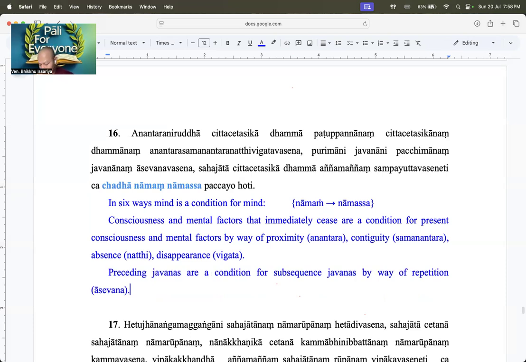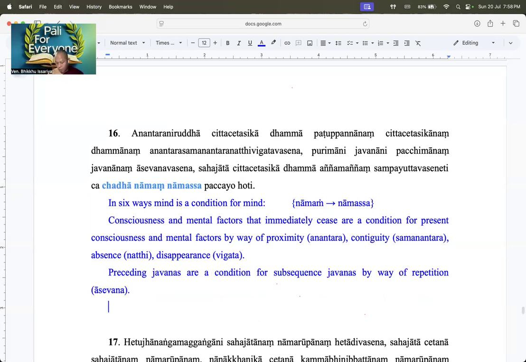And next is sahajata jeta jetasika dhamma, that is for the naman, and the annamanna sampayutta wasena, and then sahajata jeta jetasika dhamma annamanna, sahajata nan jeta jetasika nan dhamma nan, each other in this way. One another, each other.